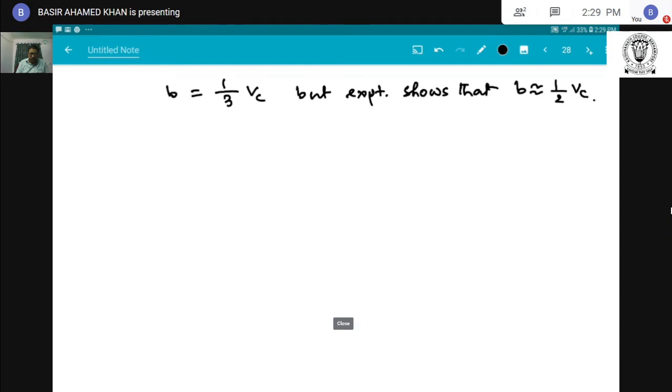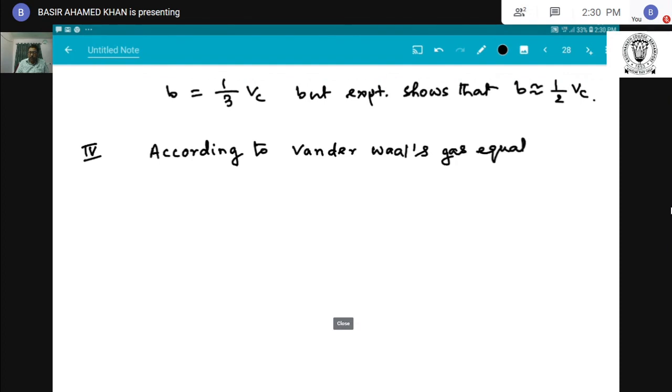Next, this is the fourth. According to van der Waals gas equation, the ratio RTc by PcVc, where Tc means critical temperature, Pc means critical pressure, and Vc is the critical volume, gives the value 1.67.